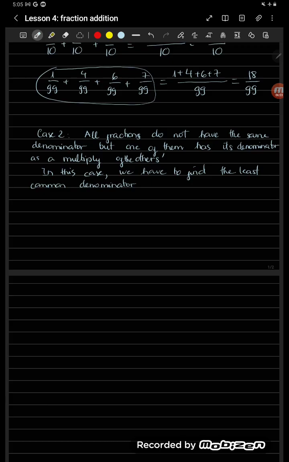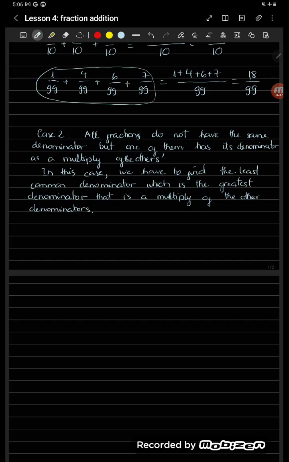In this case, we have to find the least common denominator, which is the greatest denominator that is a multiple of the other denominators.